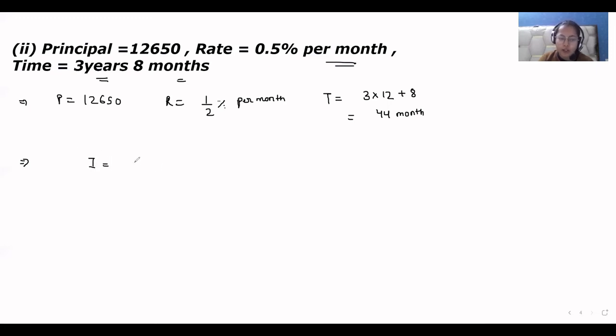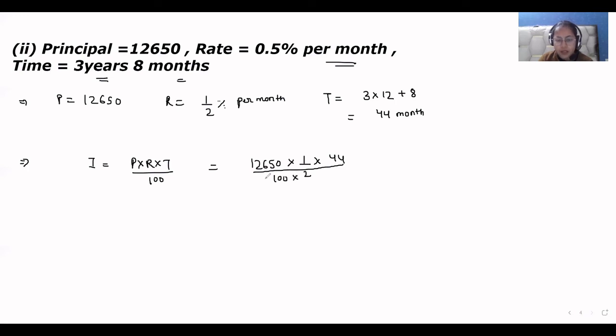So our formula for interest is principal multiply rate multiply time over 100. So the value of principal is 12,650. Value of rate is 1/2, and the time is 44 over 100.